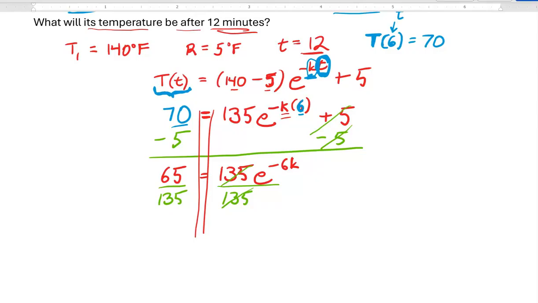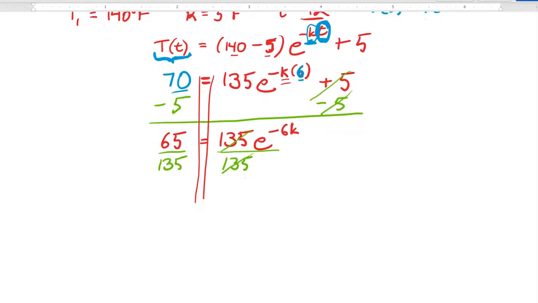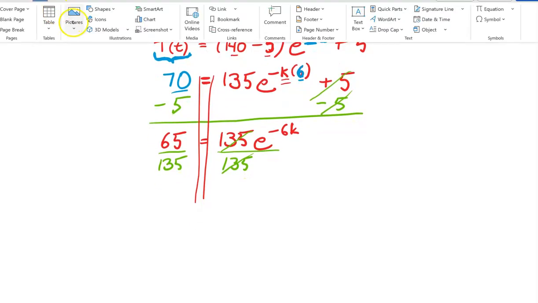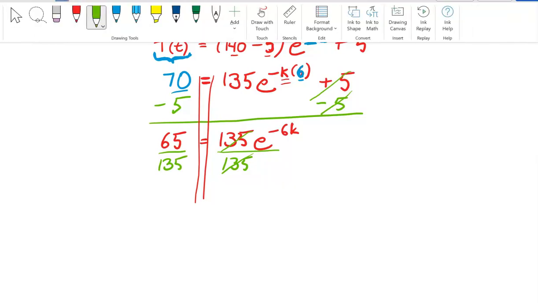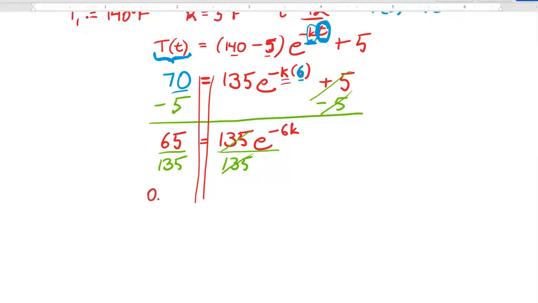I could even reduce that as a fraction, or just use the decimal version there, maybe round it off. Change back to red here. We got 0.481, and that repeats, equals e to the negative 6k.